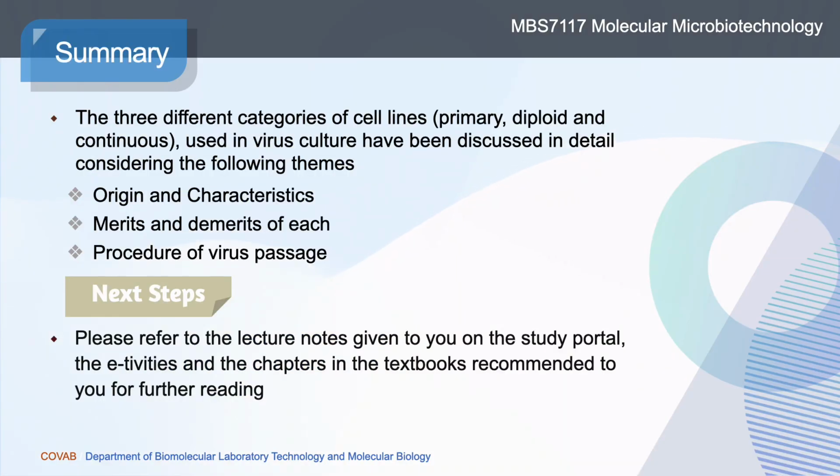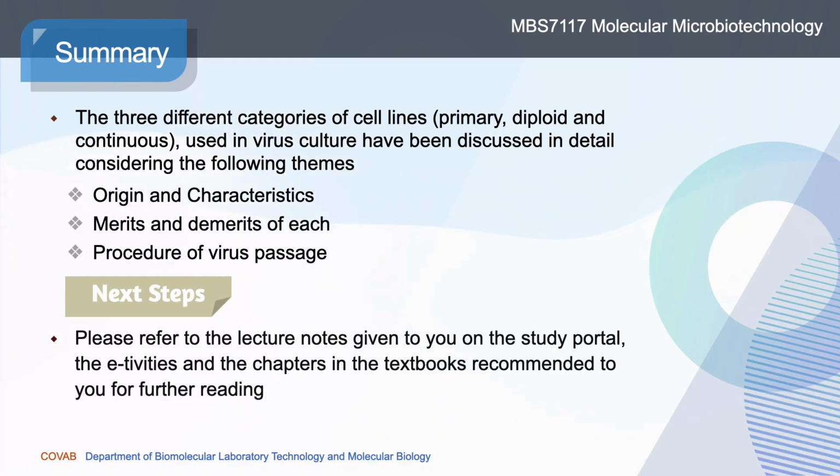Now, in summary, the 3 different categories of cell lines, primary, diploid, and continuous, used in virus culture have been discussed in detail, considering the following themes: the origin and characteristics, merits and demerits of each, and we've also described the procedure of virus passage in these cell lines.